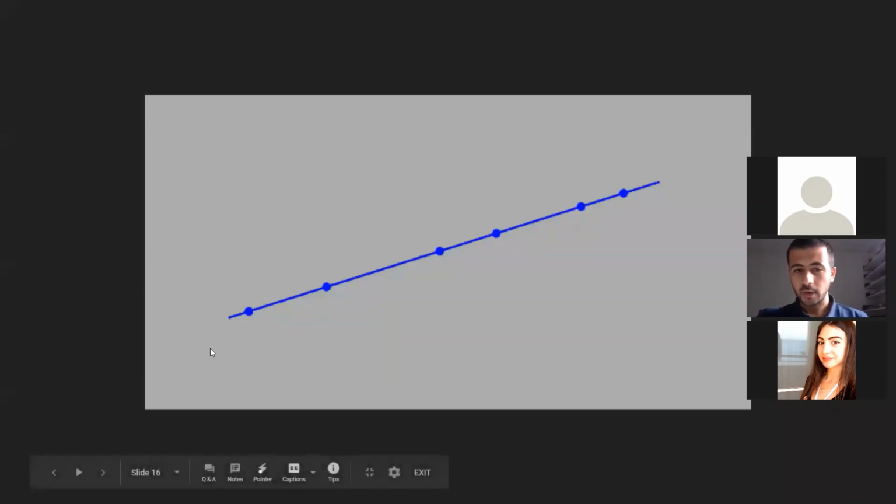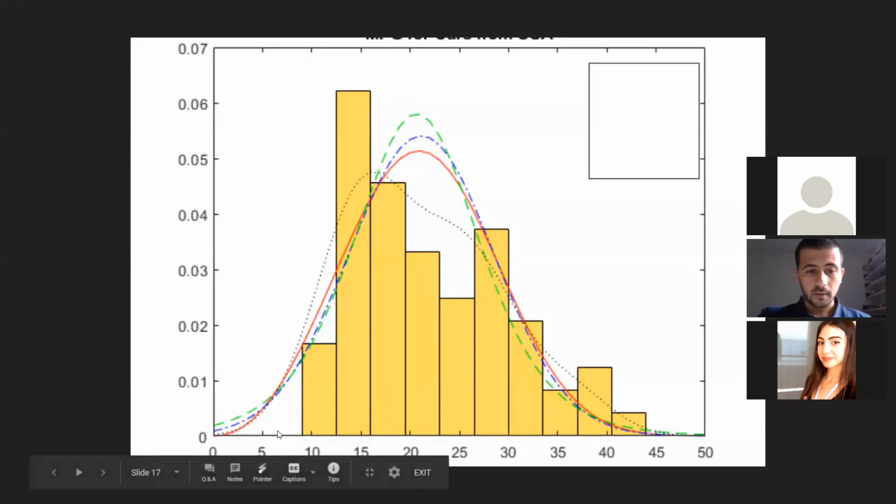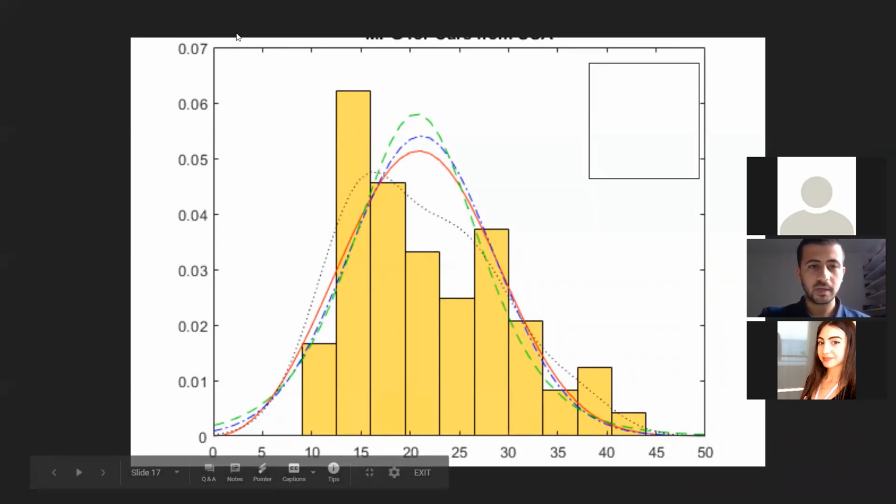If I take it and put it horizontally and put another axis, and for the other axis, I put the frequency of having this measurement. For the 5, I don't have any frequency, no patients are here. But for the 15, there are several. Those numbers don't mean anything, but this is an example.